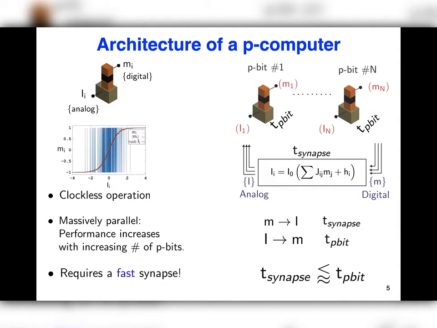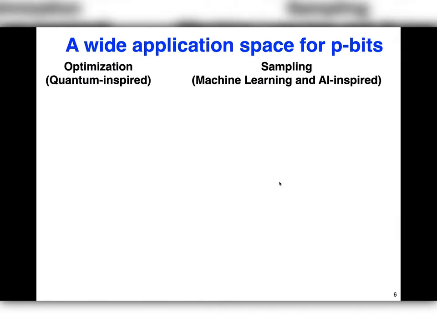Okay, so these are the technical details, but really this architecture that you're seeing here is the key architecture, because all of the examples and applications that I'll show shortly really come about using an architecture like this. Okay, so what are the application spaces of p-bits? Let me briefly mention some of these application spaces. In the beginning, I mentioned there are these quantum-inspired applications and then machine learning-inspired applications.